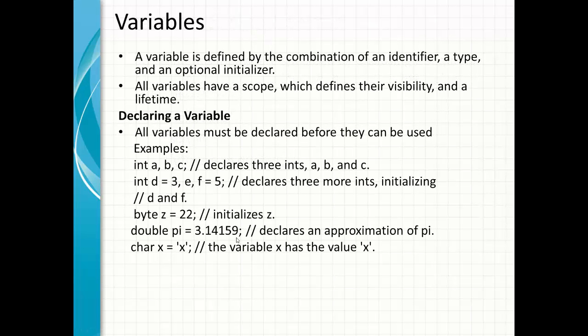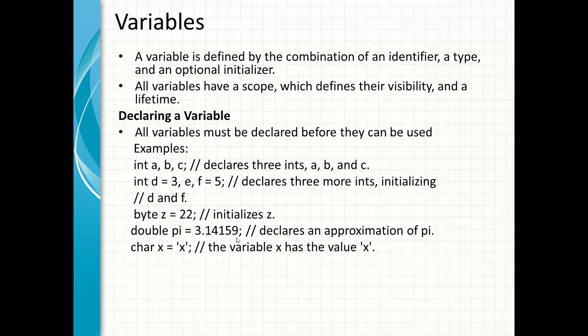Now let us discuss variables. We already used them. Once again, let us see the definition. A variable is defined by a combination of an identifier, a type, and an optional initializer. So if you define int a semicolon, you simply define that this is the identifier, this is my variable. And if you initialize it with a value, then you can also do that.